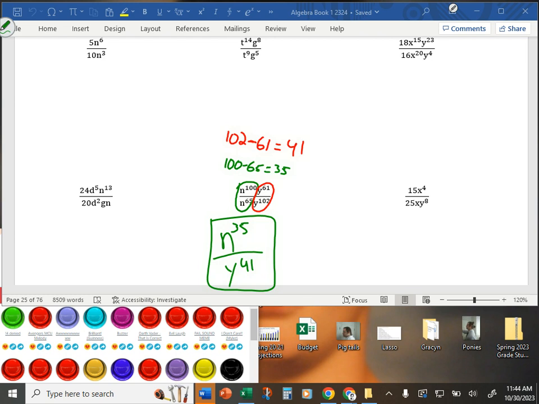Do we have coefficients? What are they? D. D is a base. Remember, coefficients are always numbers. They're the numbers that come before the base.